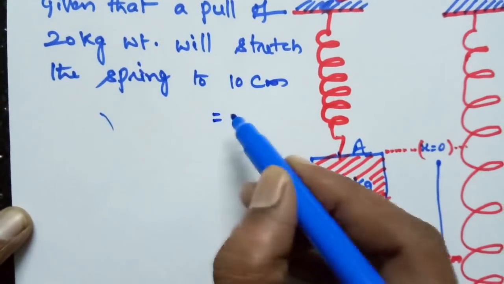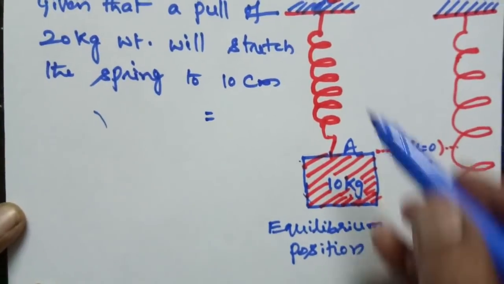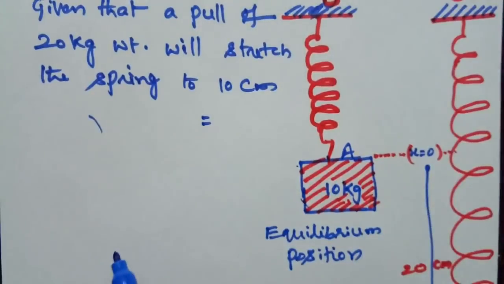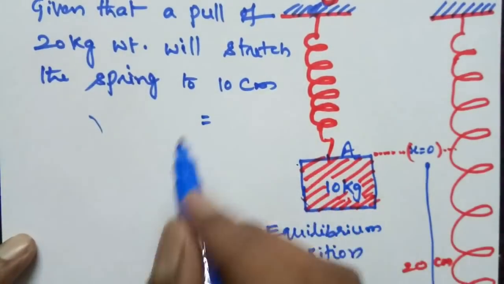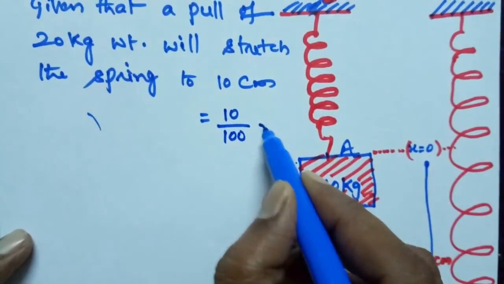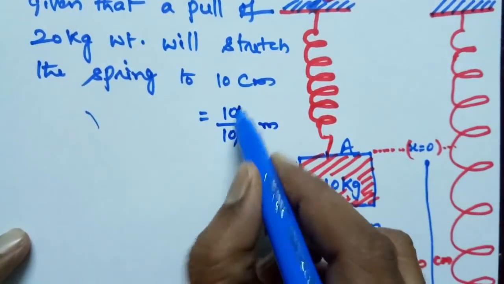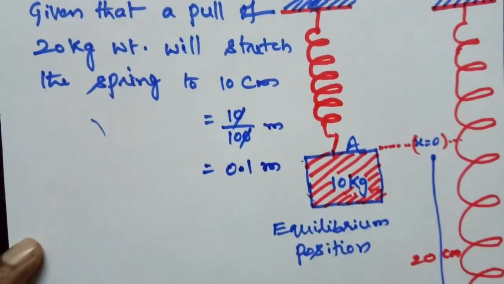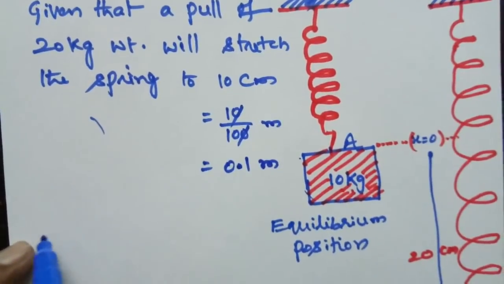Therefore, we are converting 10 centimeters into meters because the weight is given in kg. So 10 by 100 meters, that is equal to 0.1 meters.